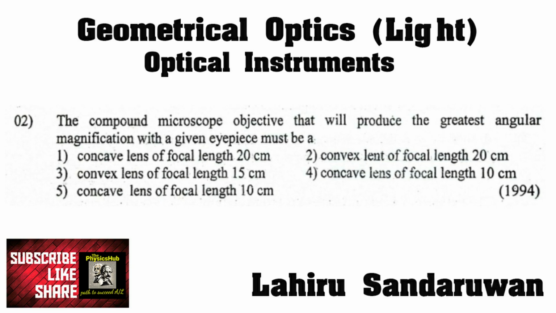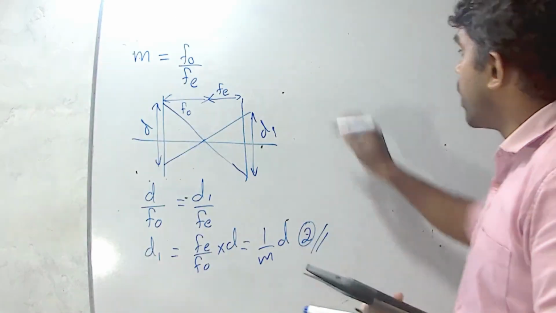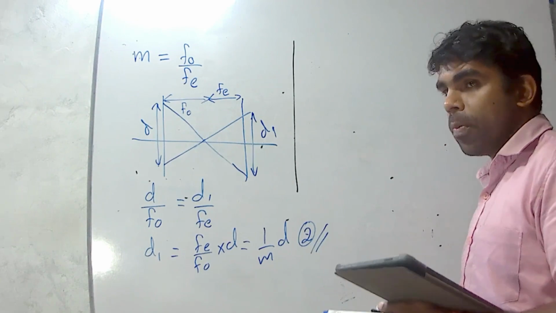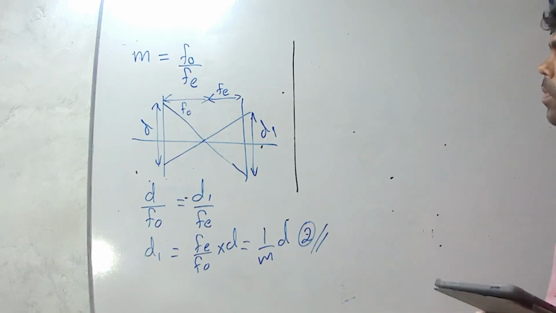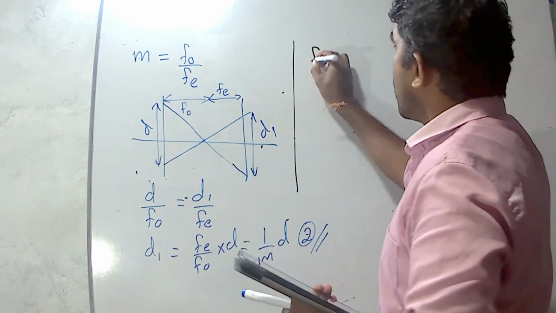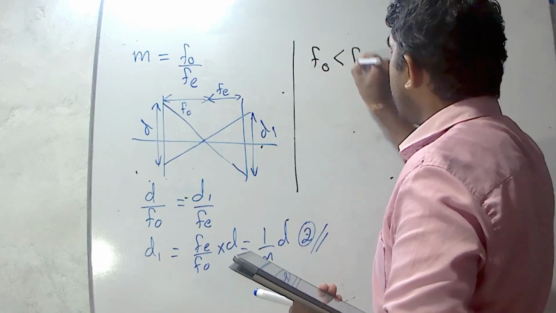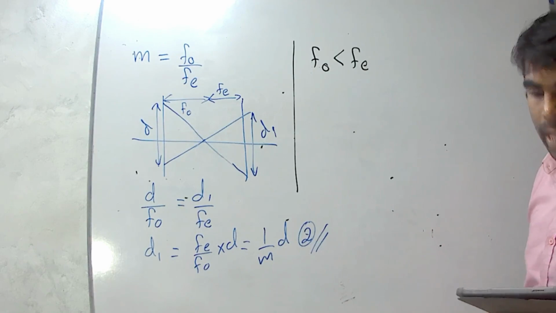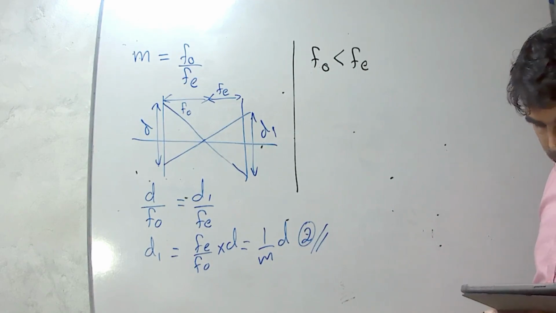The compound microscope objective that will produce greater angular magnification with the given eyepiece must be here. We know that for a compound microscope, f0 should be less than fe. The focal length of the objective lens should be less than the eyepiece focal length.